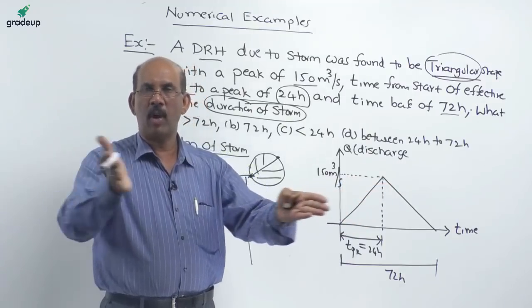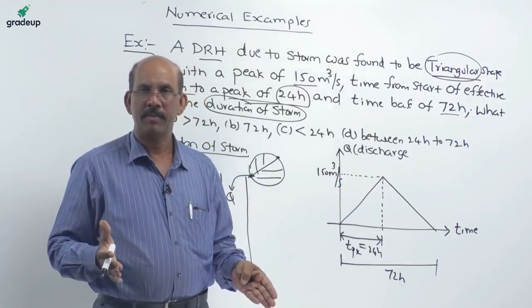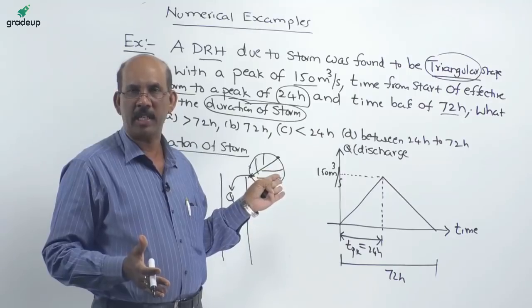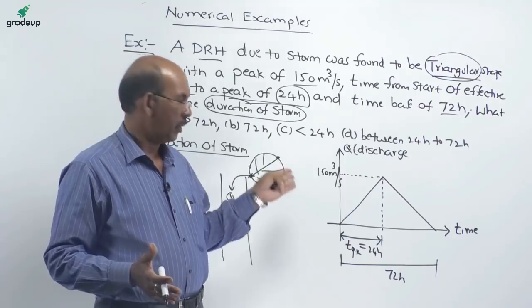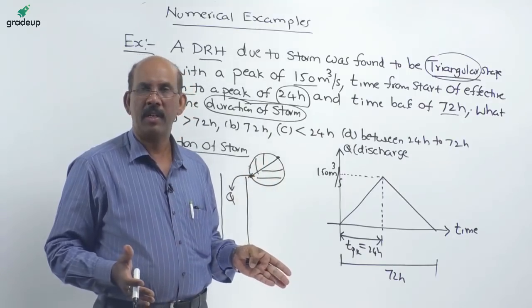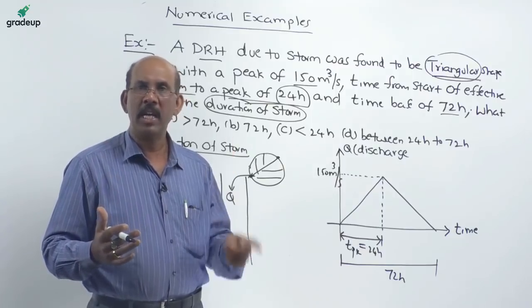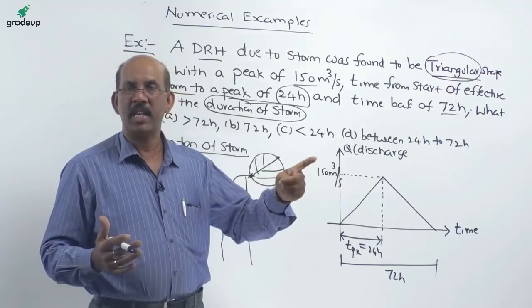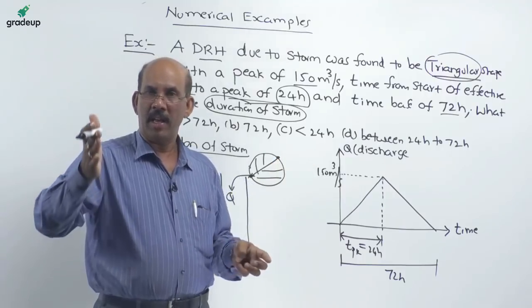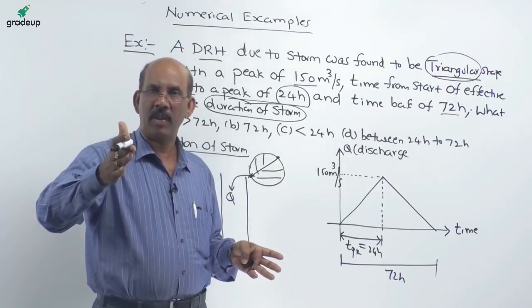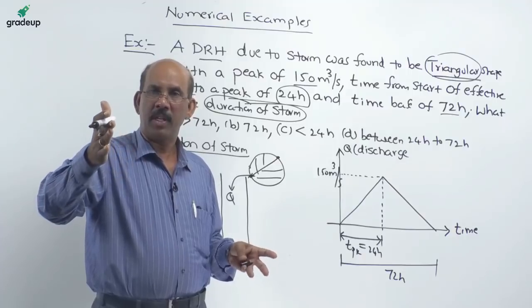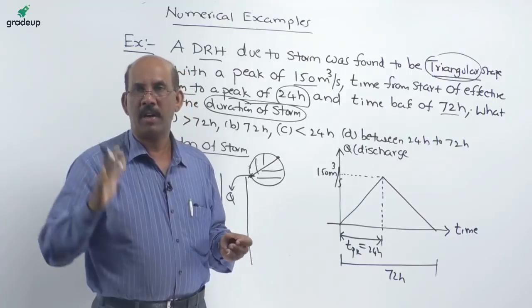When all the water has accumulated and reached the exit point and is flowing in the river, the peak flow in the river will occur only once the recession, or we can say the stopping of the rainfall, happens.